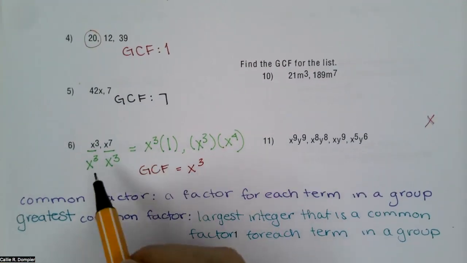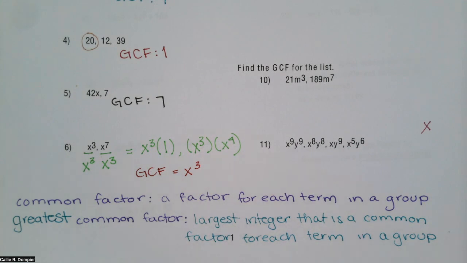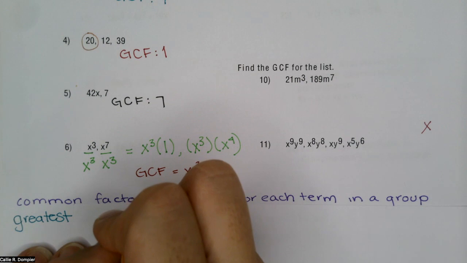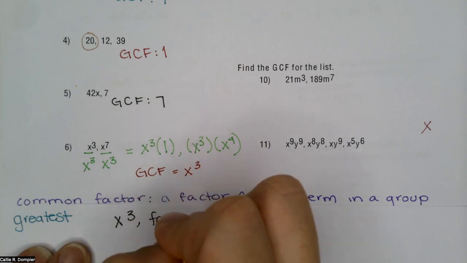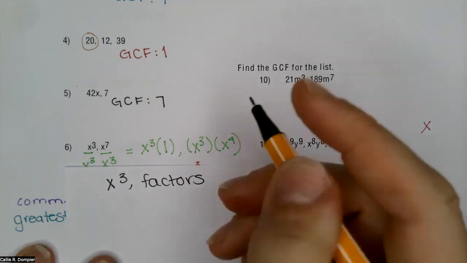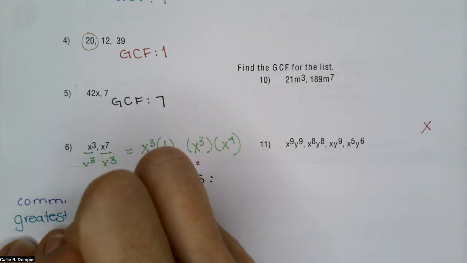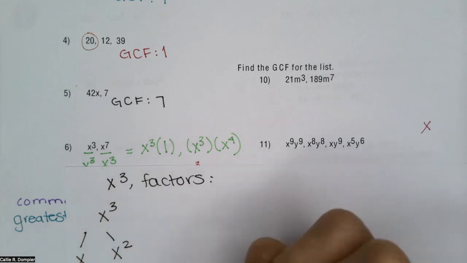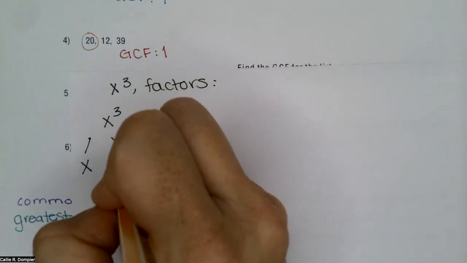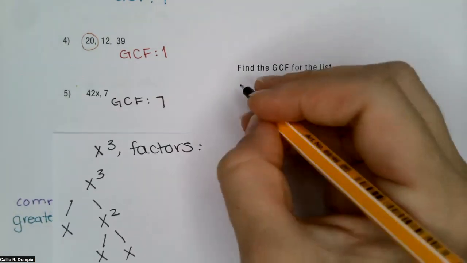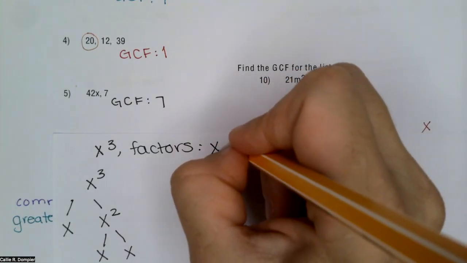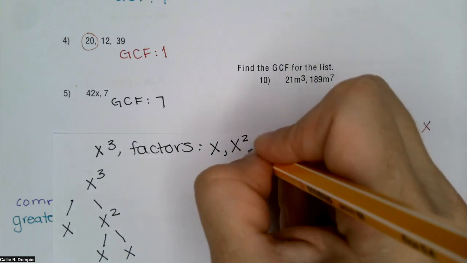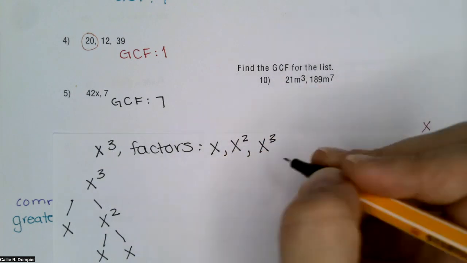Good. We already decided that the greatest common factor here is x cubed. Why? Because x cubed becomes x times x squared, right? x squared becomes x times x. So the factors are x, x squared, and x cubed times 1.